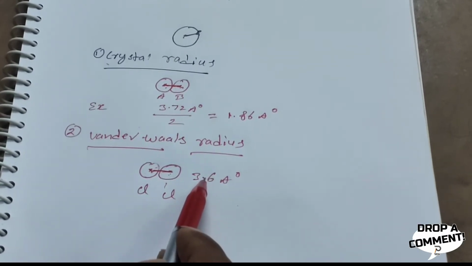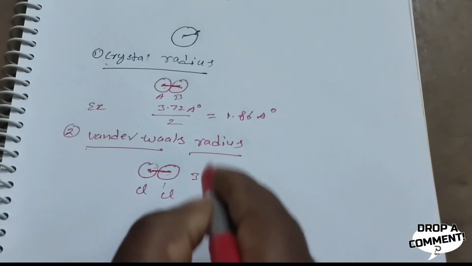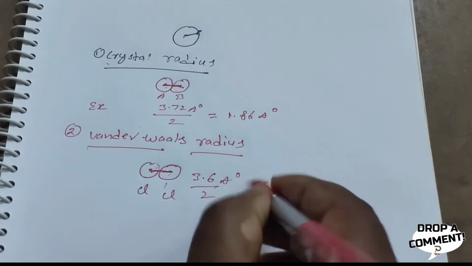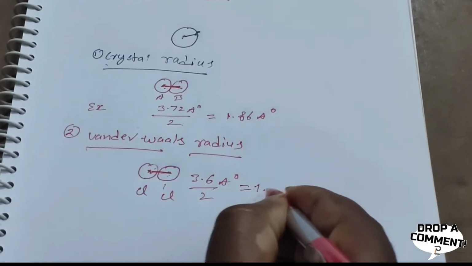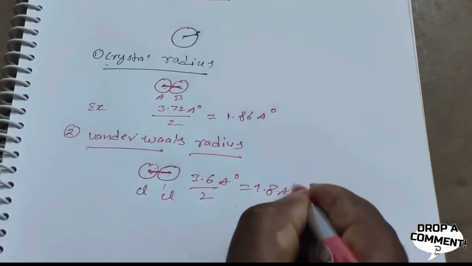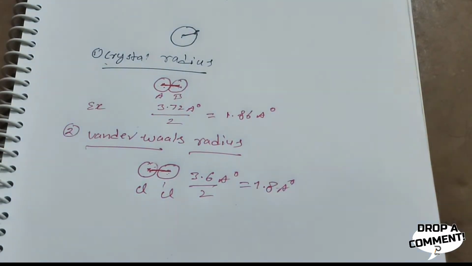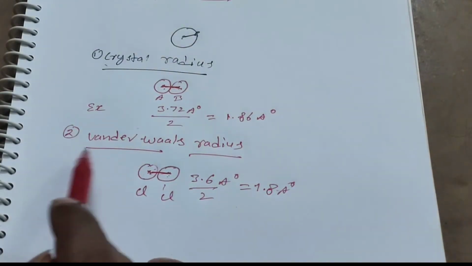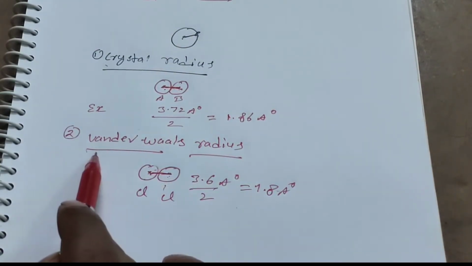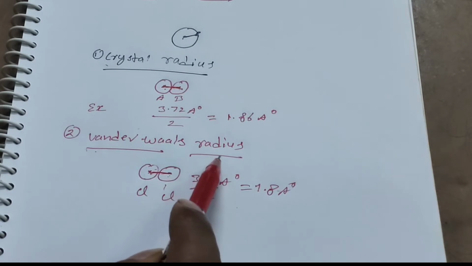Now what is the atomic radius of one chlorine atom? Divide by 2, that is 1.8 angstroms. It is used especially for molecular substances and inert gases in the solid state only.